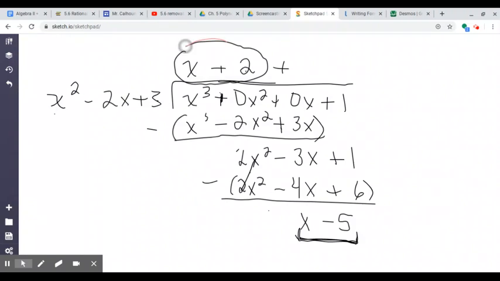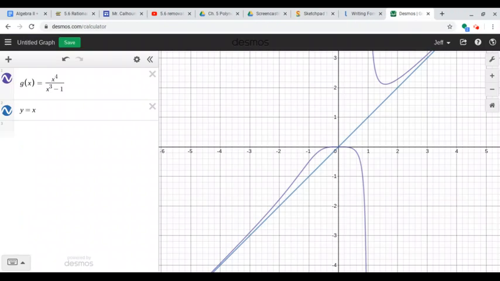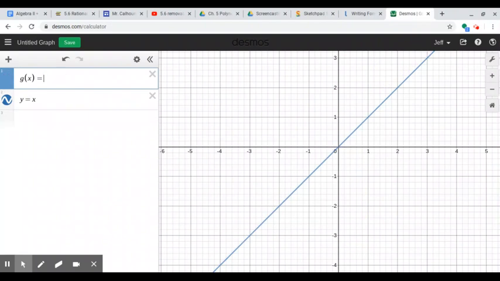The quotient tells us what our slant asymptote is. So that means our slant asymptote is going to be y equals x plus 2. It's linear. And there are no horizontal asymptotes. So let's just look at the graph of this so that we can gain some intuition for what we mean by slant asymptote.